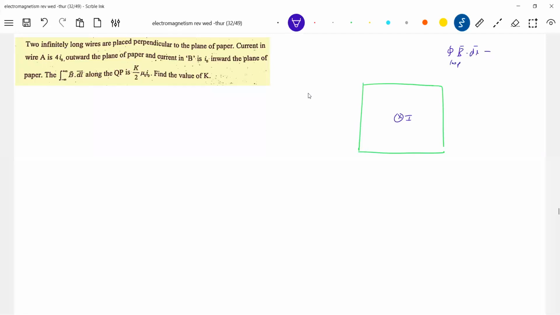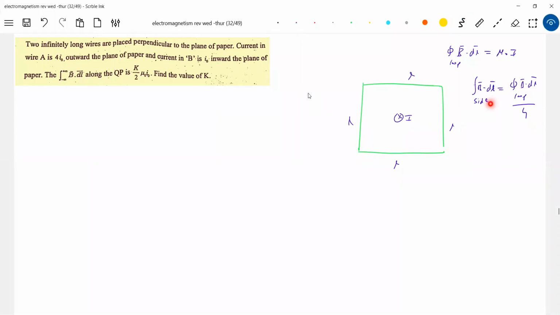For the total loop we know the value. So I'll divide by 4 for each side of length L. What is the value of B bar dot dl for each side?